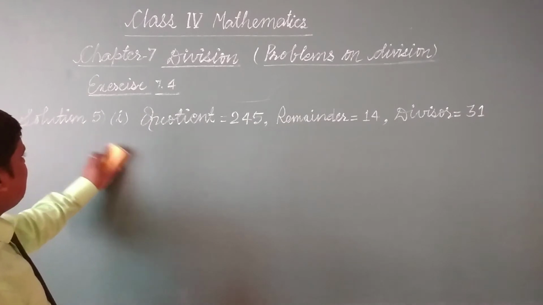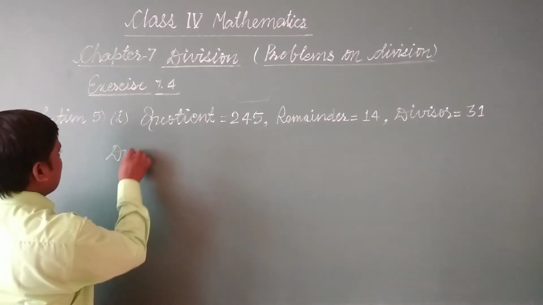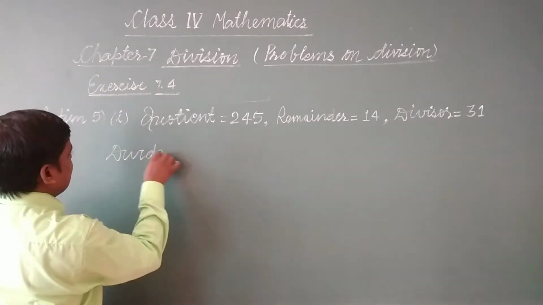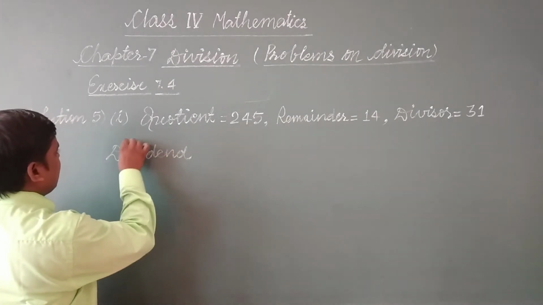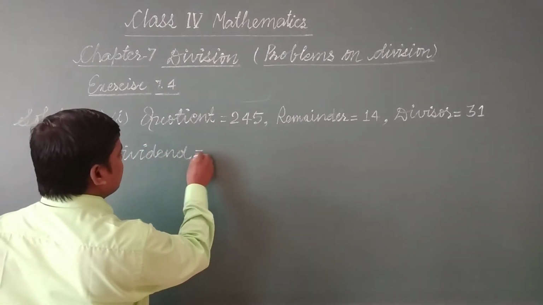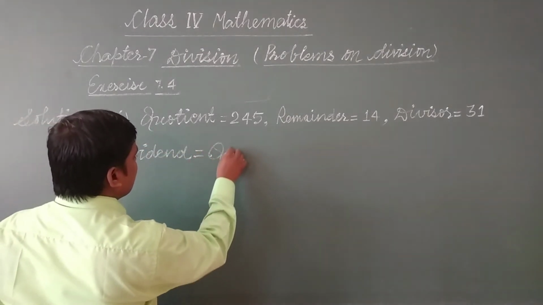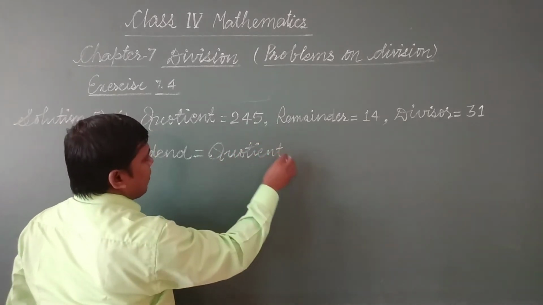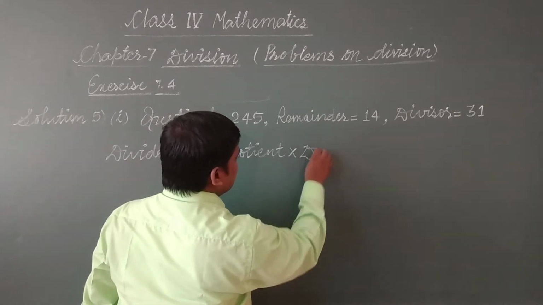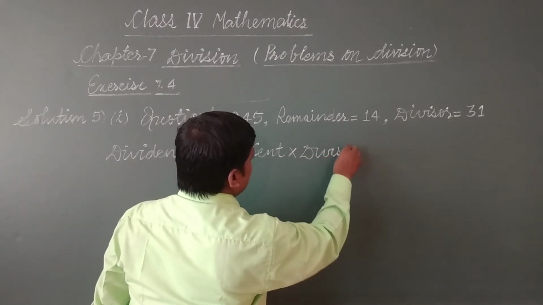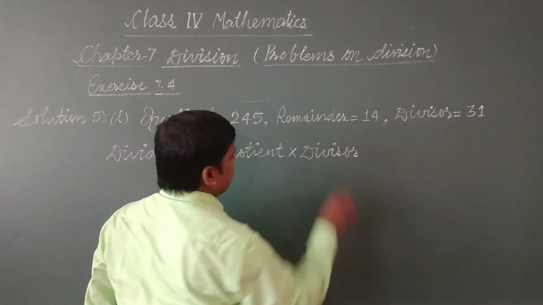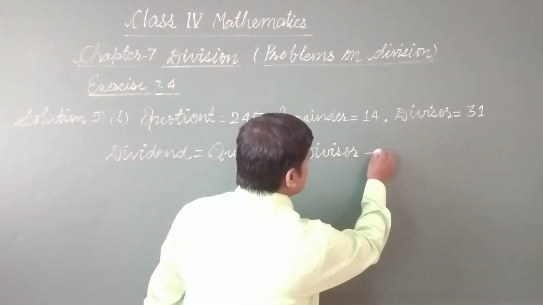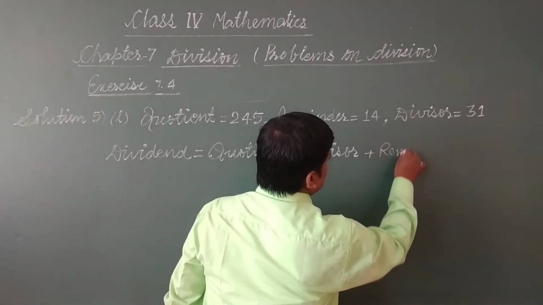Dividend is equal to quotient multiplied by divisor plus remainder.